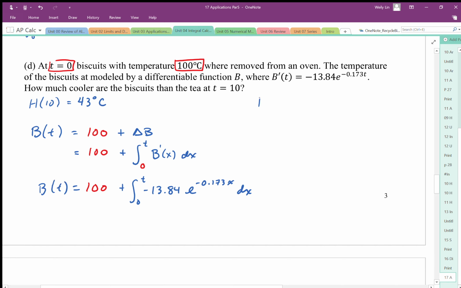Okay, so if I want to find the B at time equals 10, it's going to be 100 plus the area under the curve from 0 to 10 of this function. So I'm just going to find the area under that function. I'm going to graph that expression.